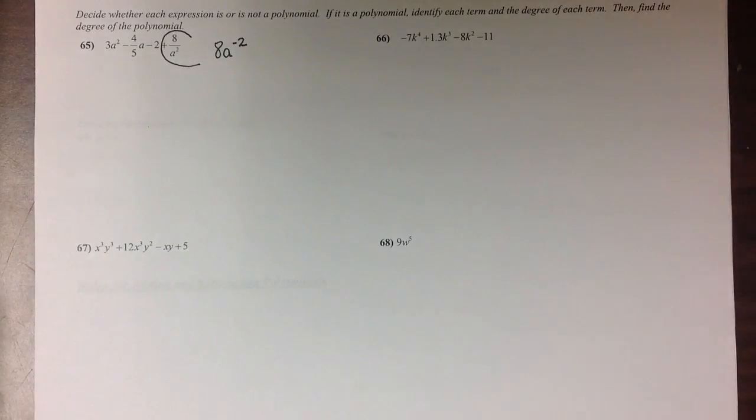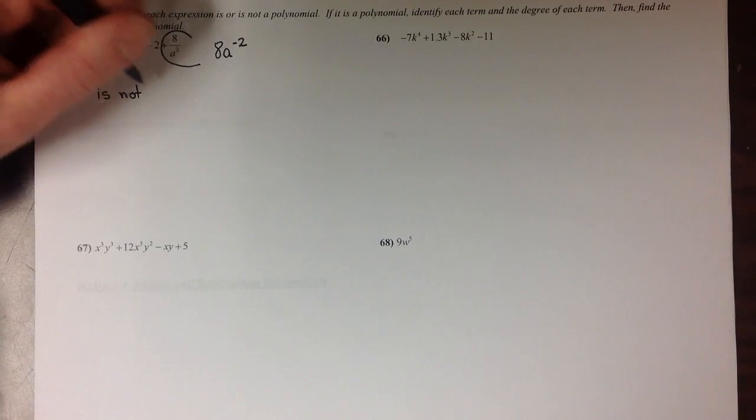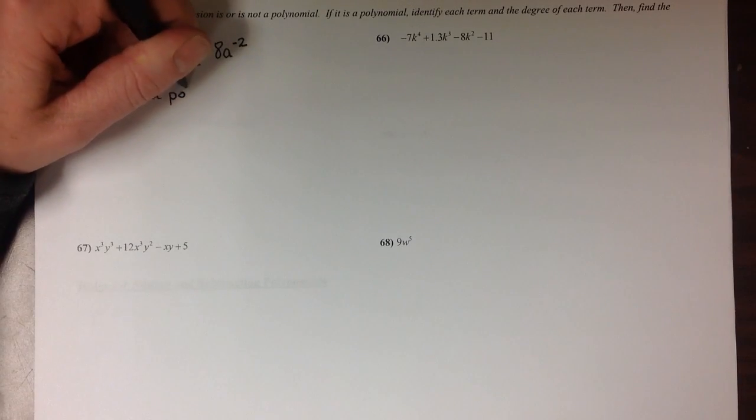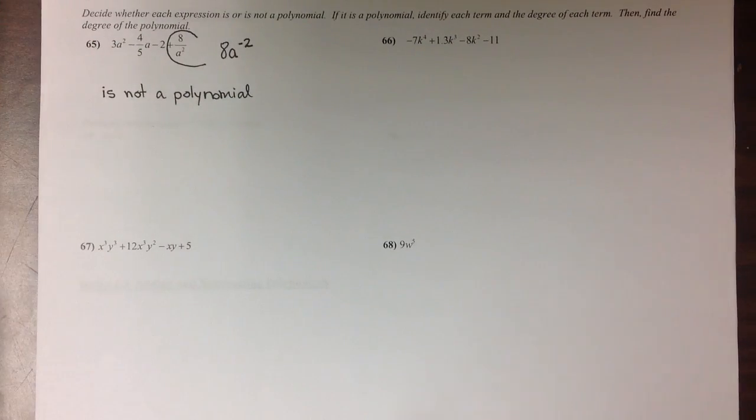So number 65 is not a polynomial. So if it's not a polynomial, we can't find its degree.